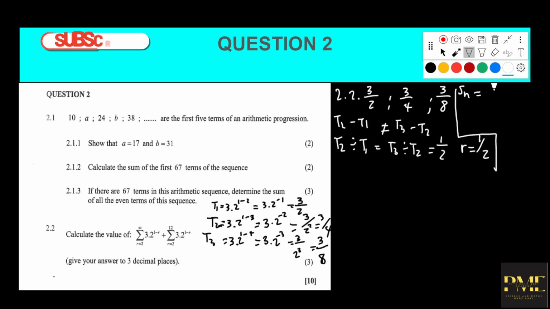The first one is to calculate your normal sum, which is equal to a into 1 minus r exponent n all over 1 minus r. And then the second one is your sum to infinity: you have your a all over 1 minus r, guys. Okay, so this one is the answer for sum to infinity, and this one is the answer for your normal sum.